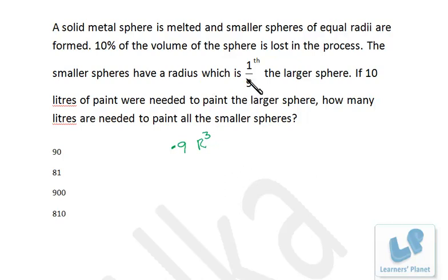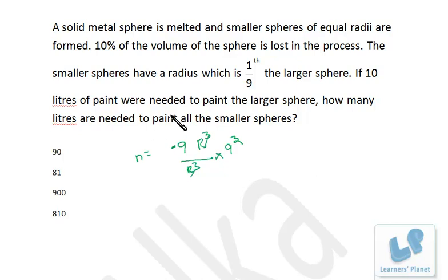Now what is the radius of the smaller sphere? That is R/9. So it's R cube by 9 cube that is to be taken into consideration. 4/3 pi is a constant, so in the numerator and denominator it will be cancelled. So the total number of small spheres is 0.9 into 9 cube, right? This is the number of small spheres.